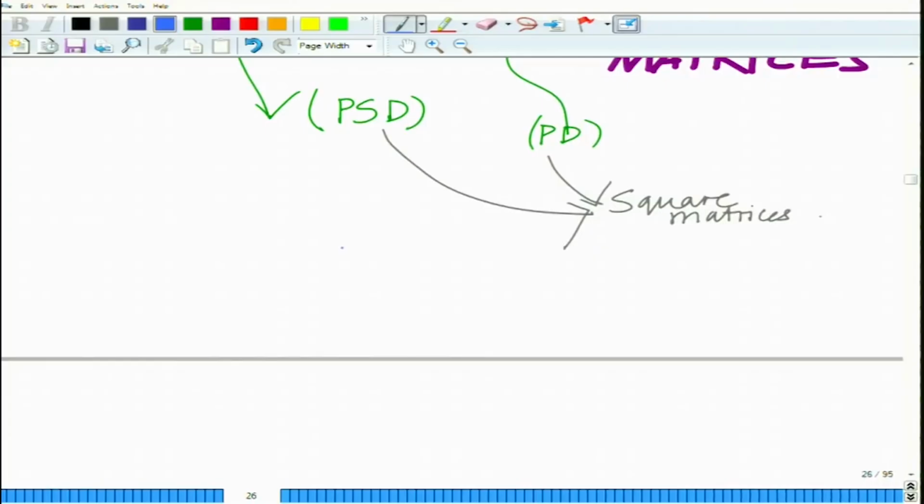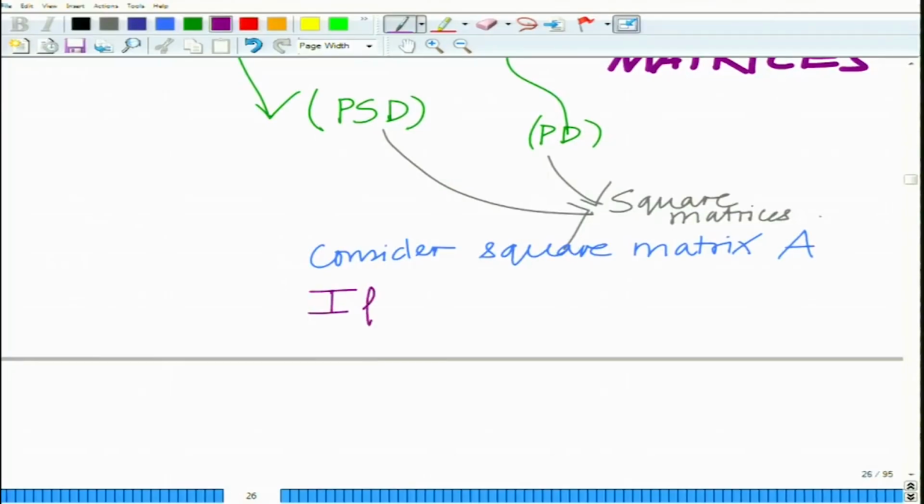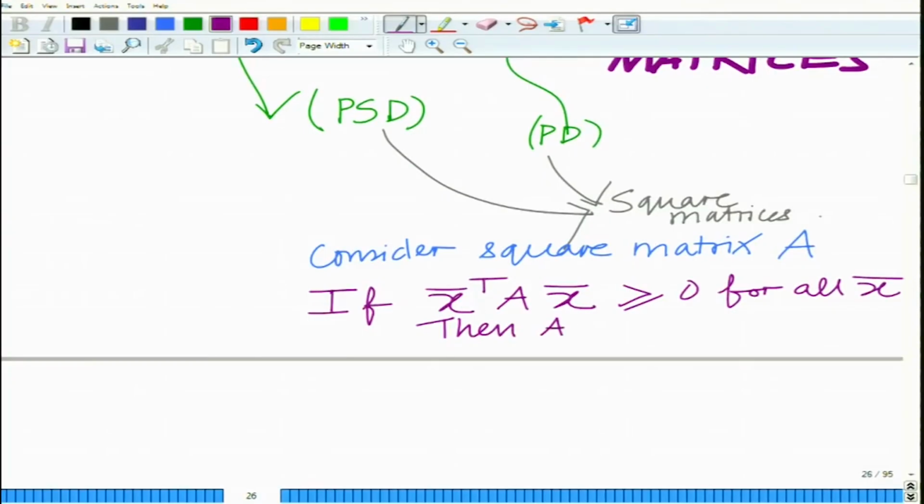Now consider a square matrix A. For the real case, if x bar transpose A x bar is greater than or equal to 0 for all x bar, then A is a positive semi-definite matrix.